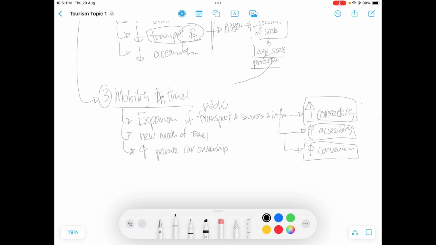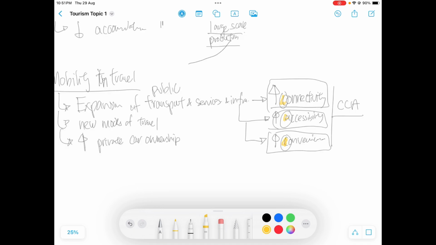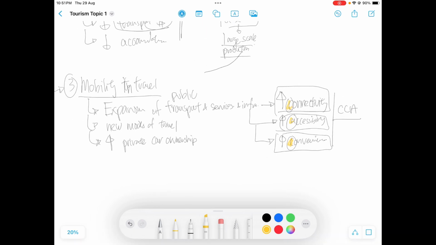You can call this CCA, let's just call it CCA. So connectivity, convenience, and accessibility. This is also something that you have learned in Sec 2 Geography in transport, right?